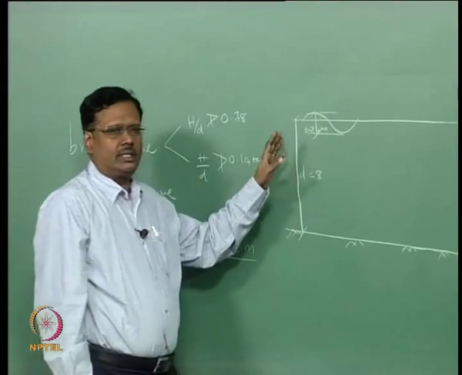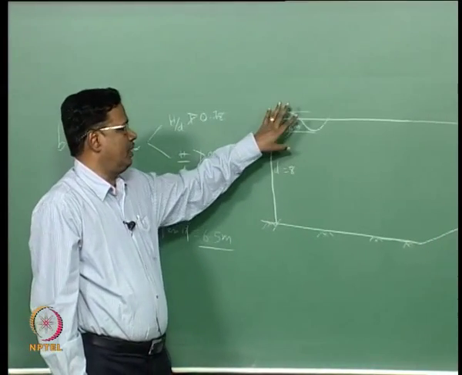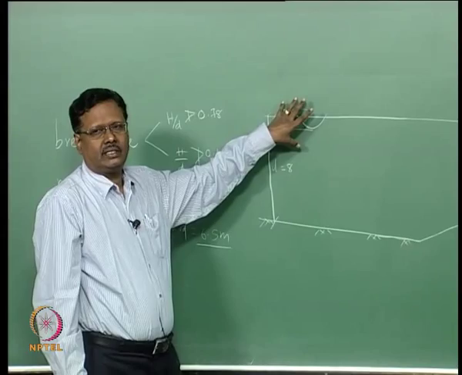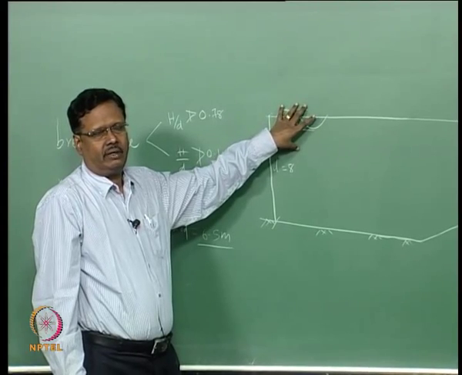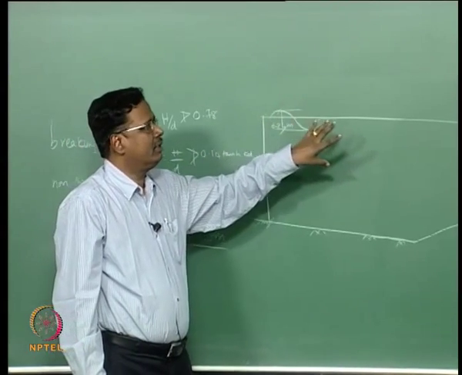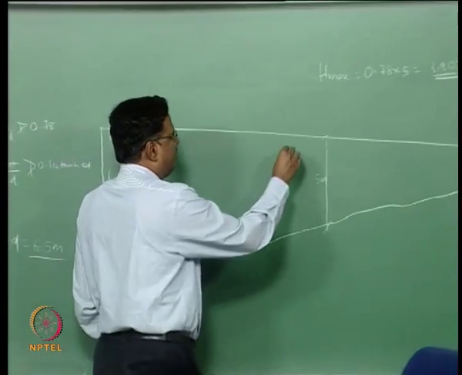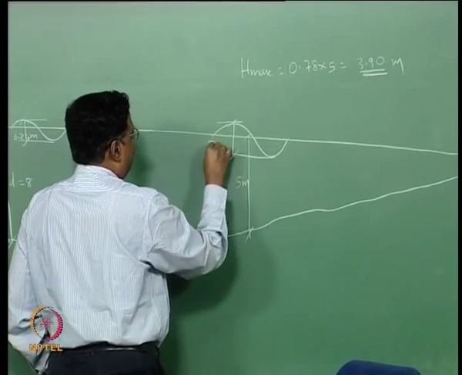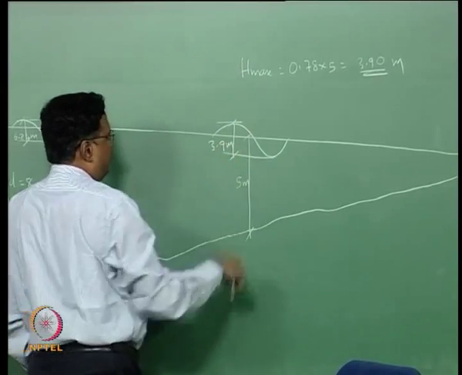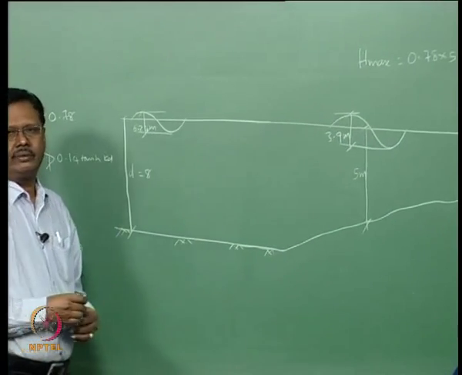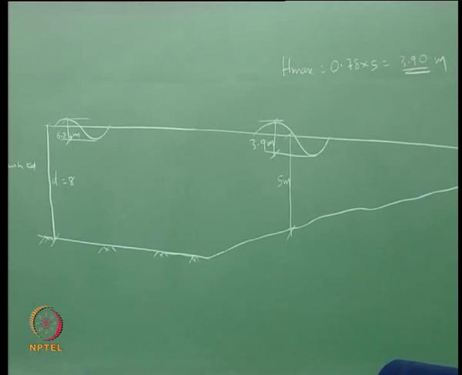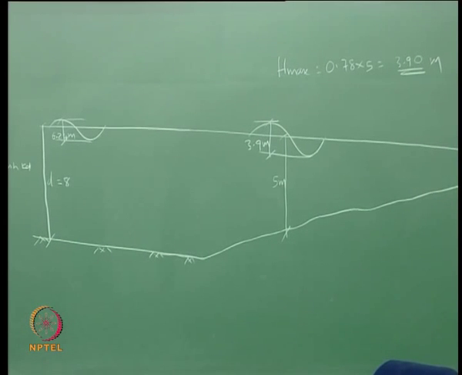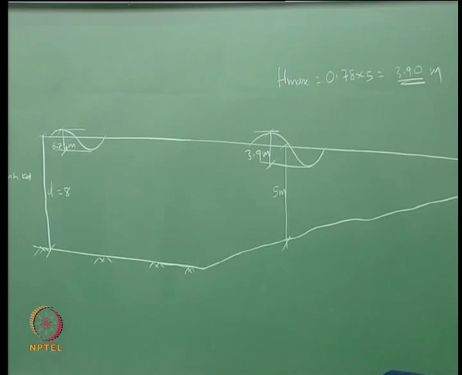I am going to ask a question. The 6.24 meter is to be considered as a breaking wave or a non-breaking wave, and whether this 3.9 meter is to be considered as a breaking wave or a non-breaking wave. Question is not clear.